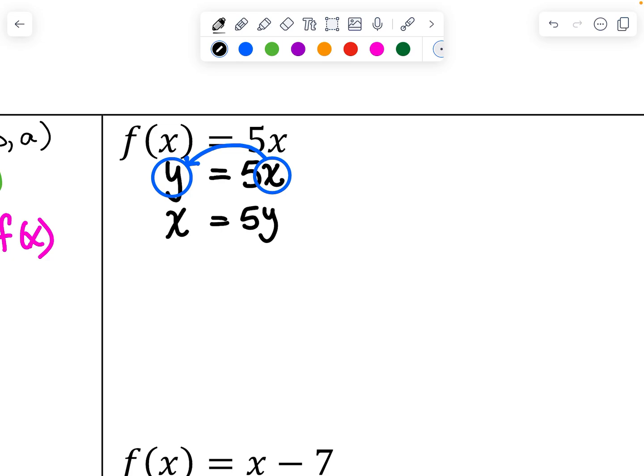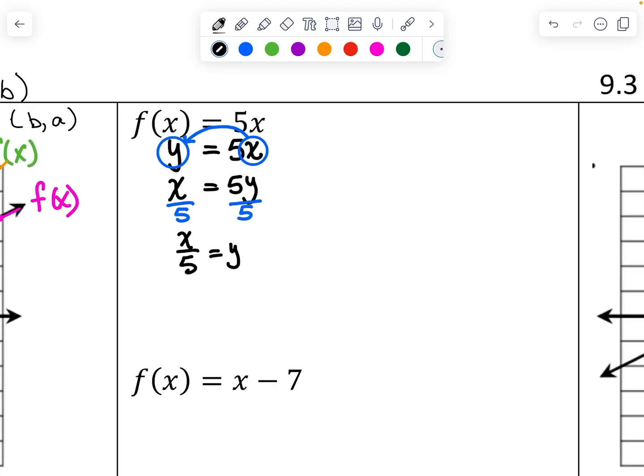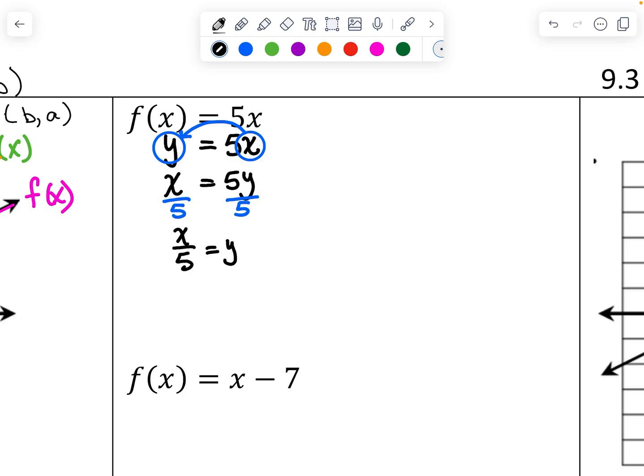And then we're going to solve for y by dividing by 5, which would tell us that x divided by 5 is equal to y. And then you would write the inverse of f of x is equal to x over 5.